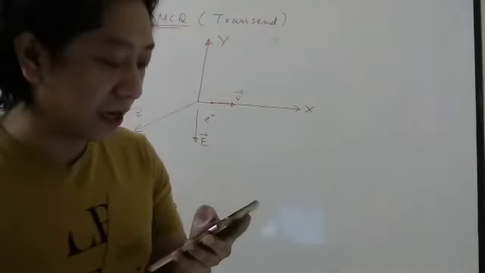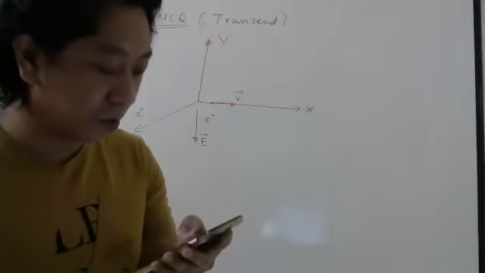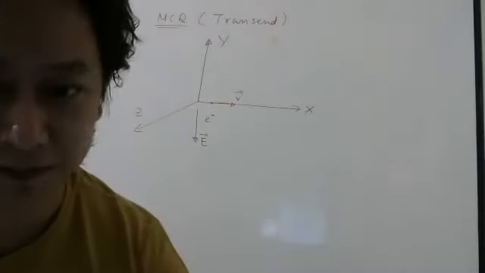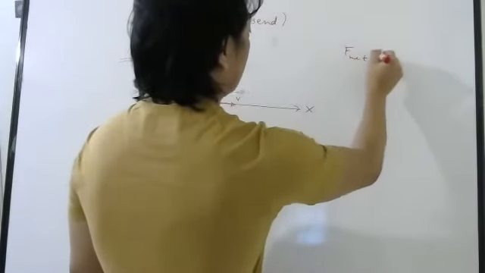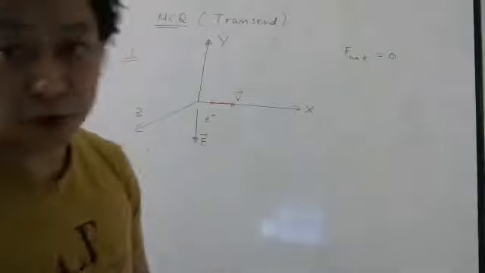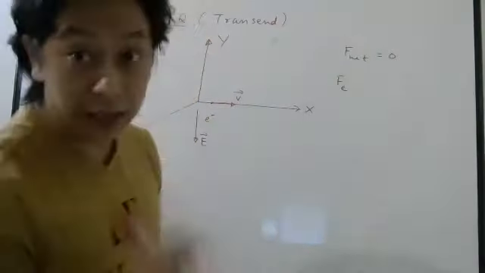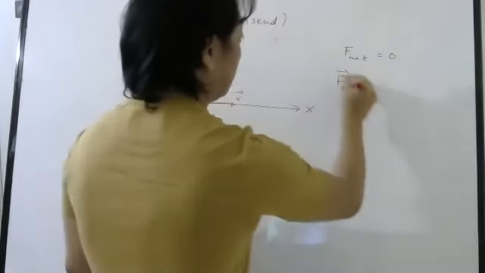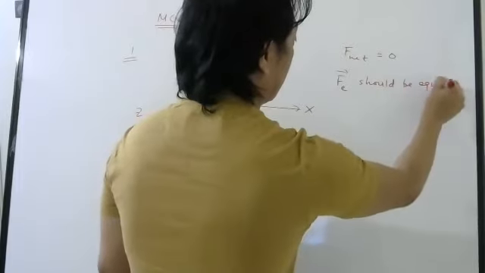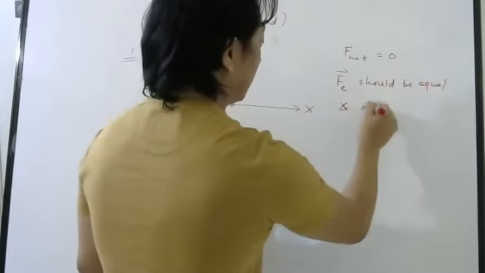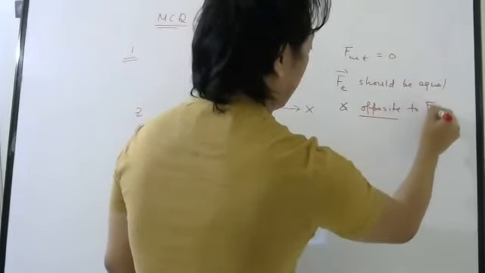What should be the direction of magnetic field so that net force on the electron is 0? So they want net force to be 0. If net force should be 0, what should be the condition? Electrostatic force should be equal and opposite to magnetic force.